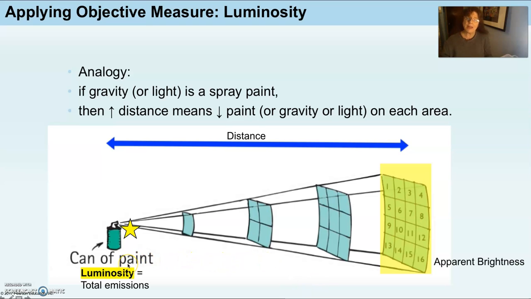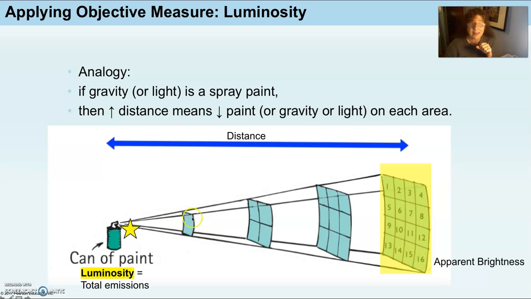If gravity or light was a can of spray paint, that means that the farther that spray paint needs to travel, the less is going to stick on a certain small area right here. So for instance, this area right here is the same as this area. It's just much, much farther away.